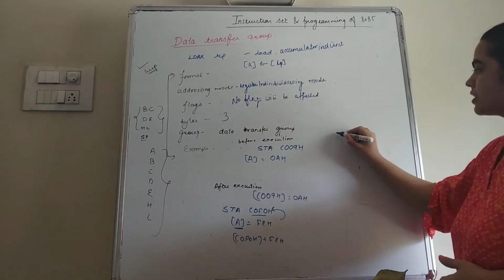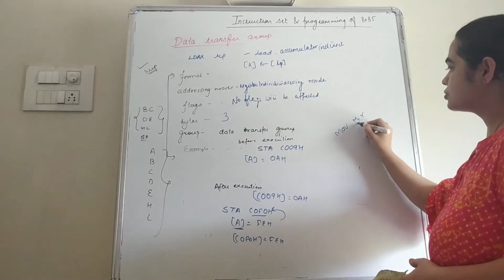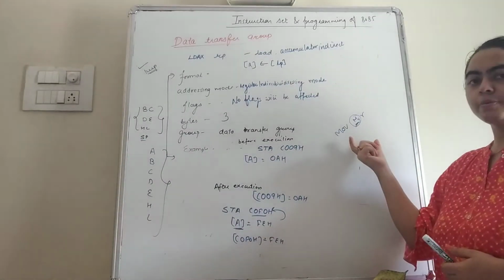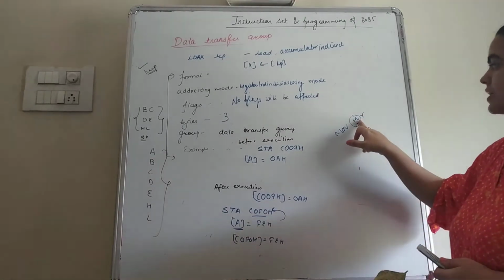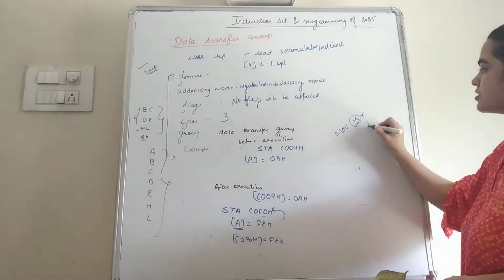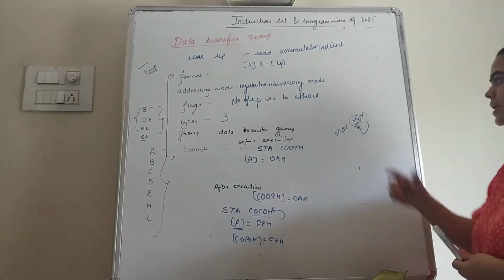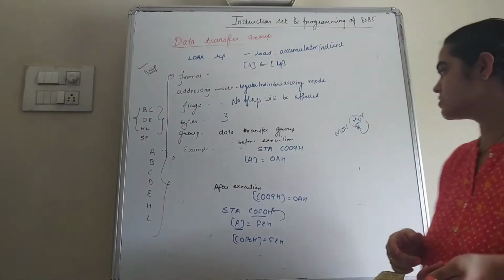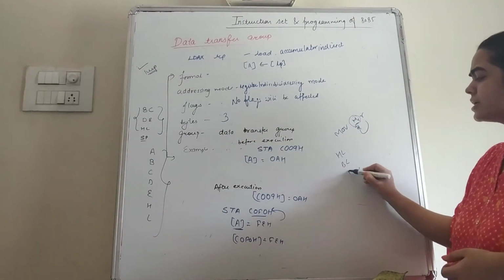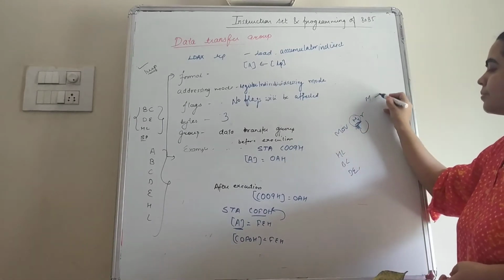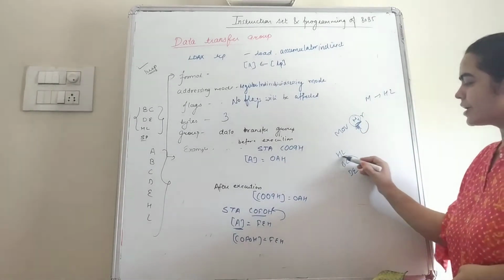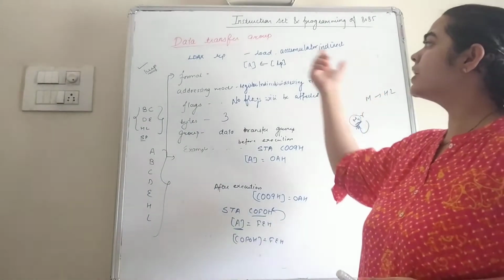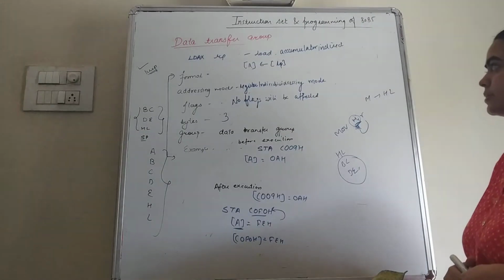Likewise, if we are writing the instruction MOV M, R, the memory location is stored in M, meaning it is stored in the HL pair, that is the memory location pointed to by M. So the contents of the register will be shifted to the memory location pointed to by M. Here the memory location is pointed to by a register pair, and that register pair is either the HL pair, BC pair or DE pair. If we write M, we are talking about HL, but we can also use BC and DE pairs to store the address.